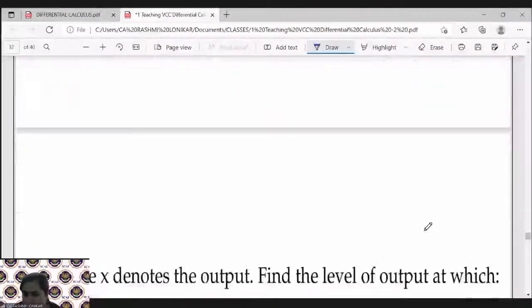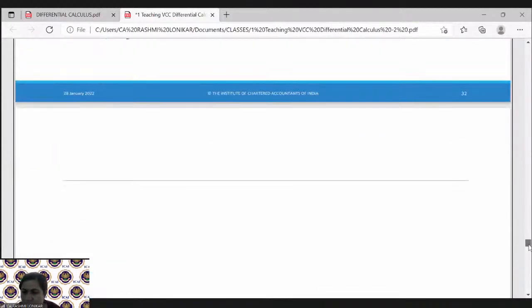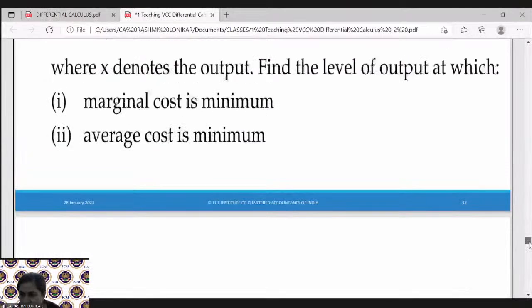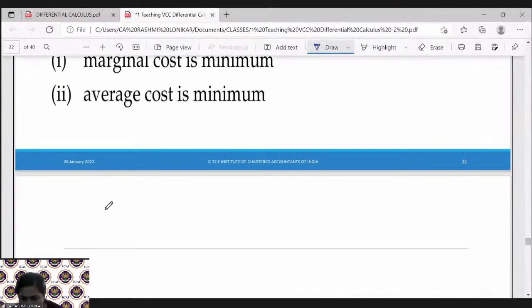They are asking you to find the average cost minima. Cost is equal to 100x minus 8x square plus x cube upon 3.